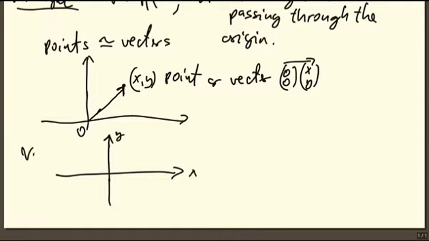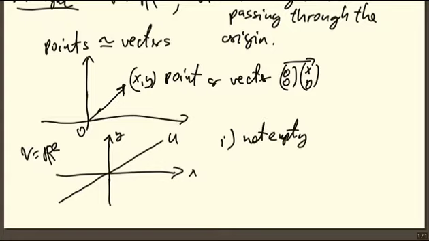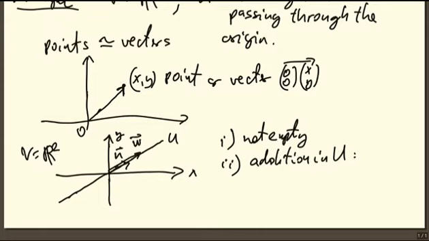So here is V as R2, and then we consider as a subset a straight line. If we want to check that this is a subspace, is it not empty? Sure, because we have all these points. Then addition in U. If we have vectors in U, for example, we have u and we have another vector v in the same line, that means these are parallel vectors.